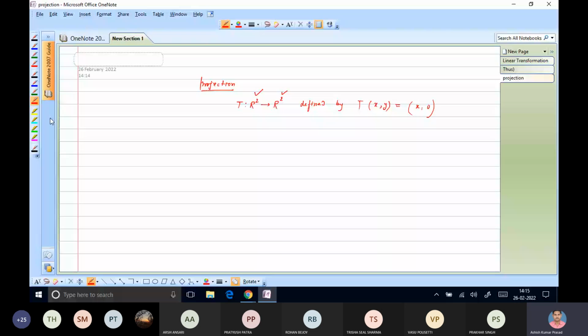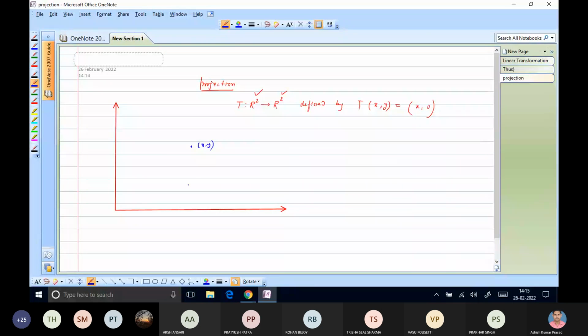First of all, I will draw x-axis and y-axis. If I take a point xy, suppose this is the point xy, then if you apply T, it is mapping it to the point x0.